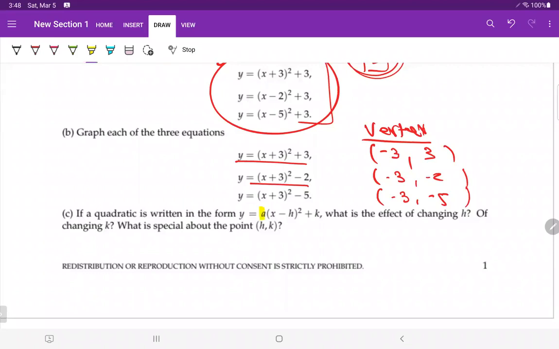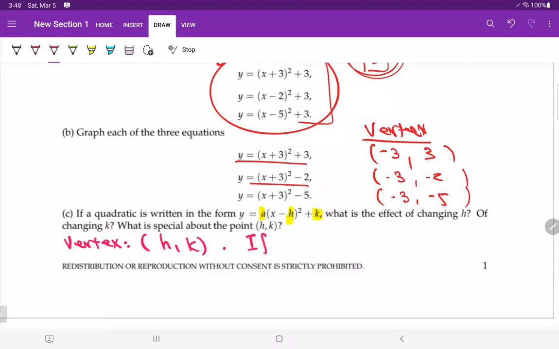But we can tell that if A is positive, it's going to open up, simply. And what did we find here? We find that H and K represent the vertex. H comma K is the vertex.